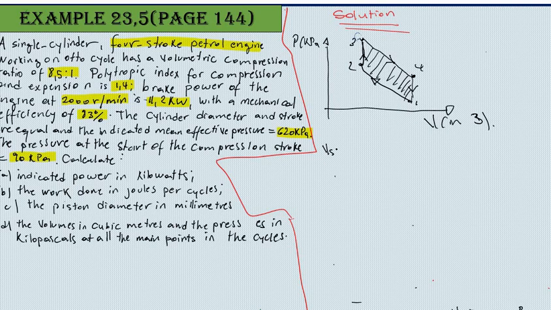So we say that Vs is equal to the area of the piston multiplied by the stroke length.